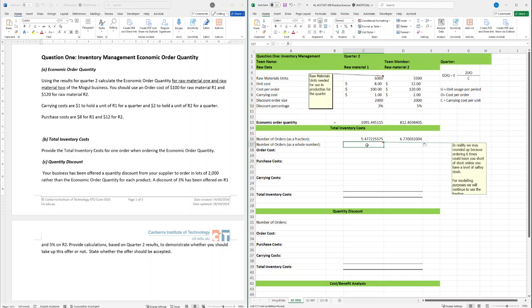Well, look, we can't really have an order of 5.47. So in reality, we should use order 6 and 7 for argument's sake. However, for our calculation purpose, we'll continue to use the fractions here. Okay, so what should be the ordering cost?